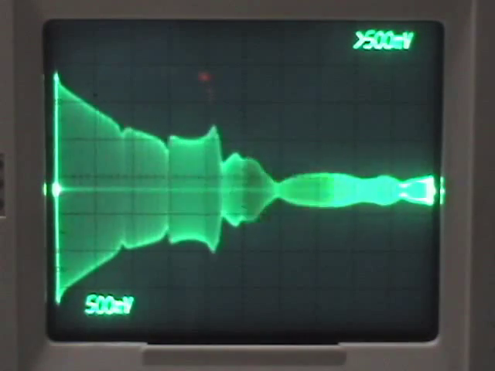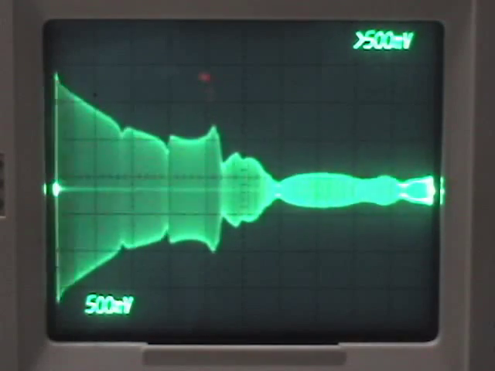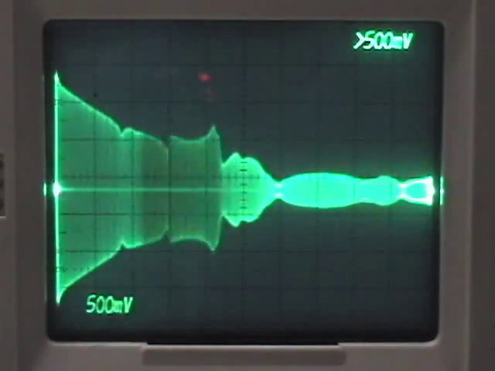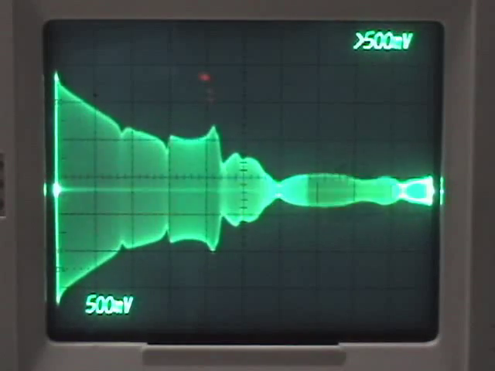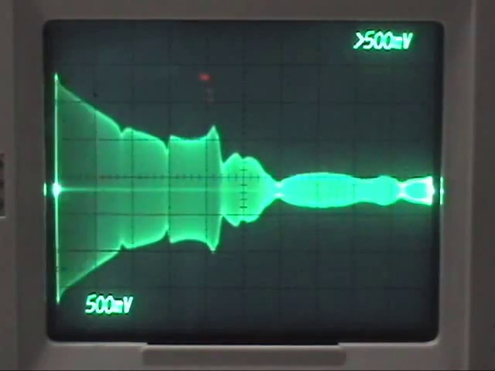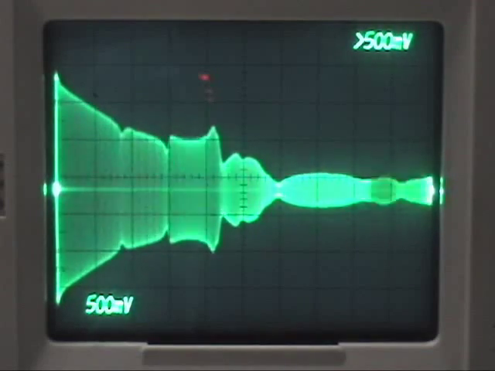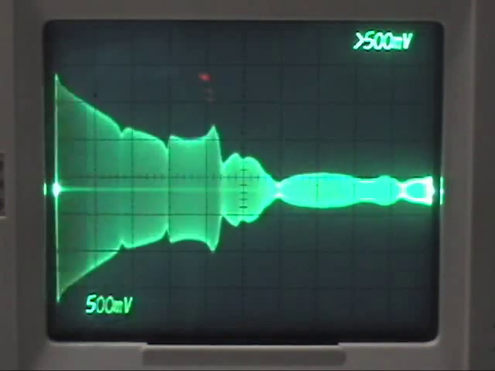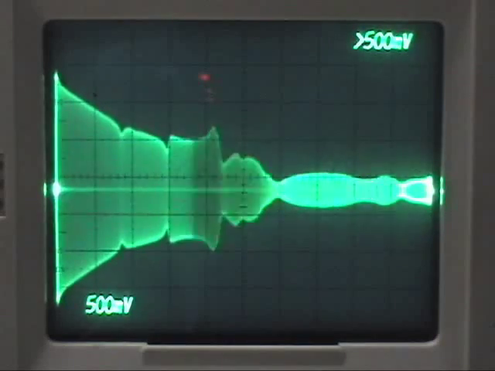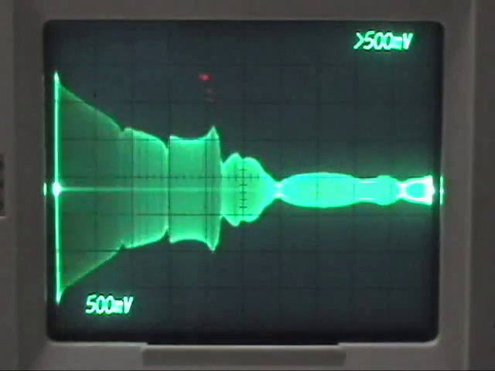One other interesting test we could do is a sweep test, or a frequency response test. What I'm showing here is I'm sweeping between DC basically on the left hand side of the screen and 100 megahertz on the right hand side of the screen. So each division is worth approximately 10 megahertz.